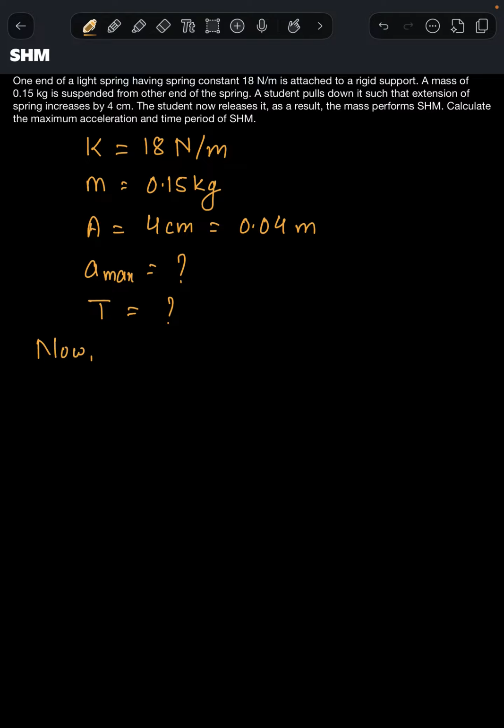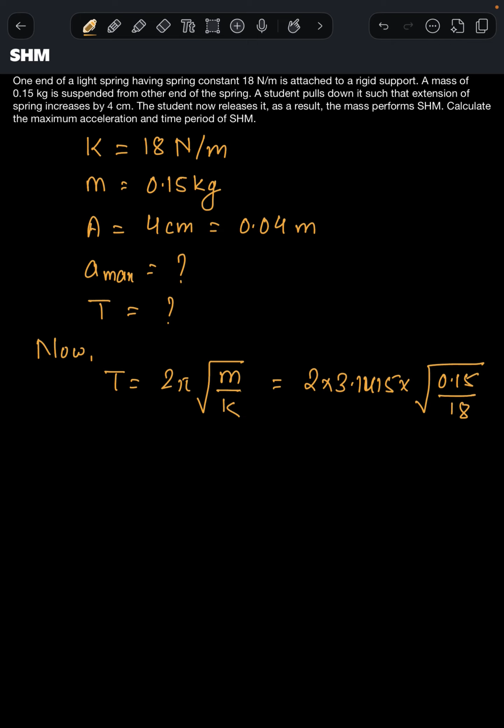So for a spring, the time period is given by 2 pi root under m by spring constant. Putting the values and substituting and solving, we get 0.57 second.